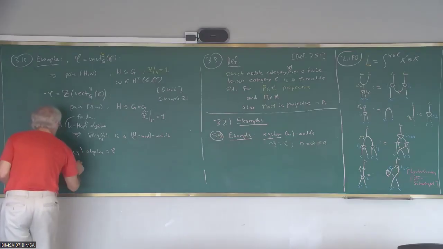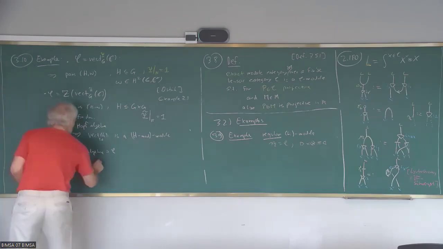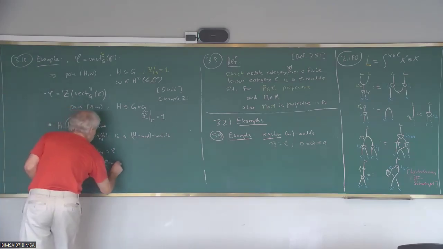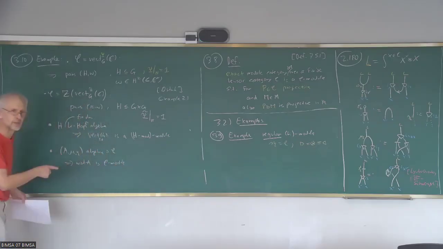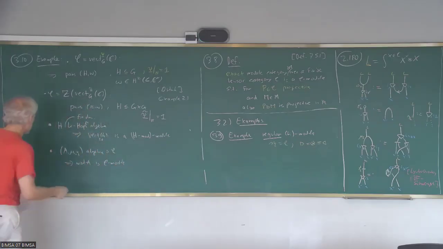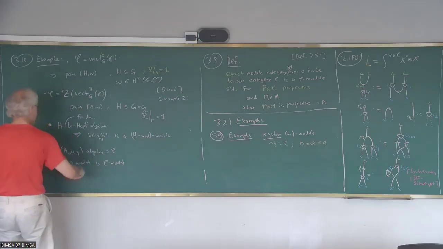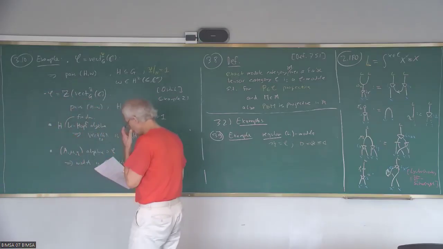Then mod-A, right modules, is a C-module. When I say C-module, I typically mean left module. So from right modules over A, I get a C left module.